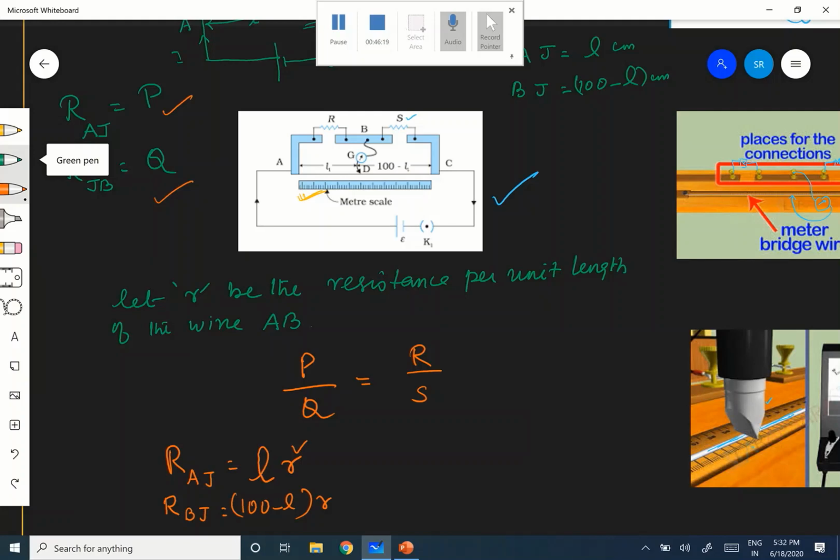Therefore, applying that, what is P by Q here? Hope you are following, children.